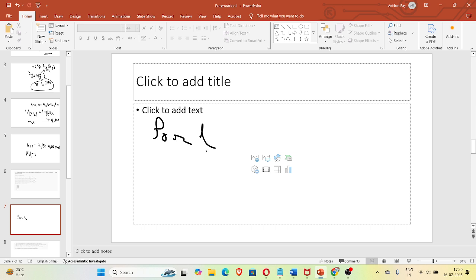I'm going to write the preferable situation in which we select the optimal arm.